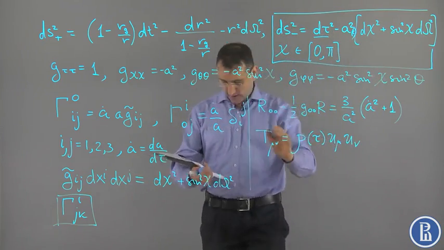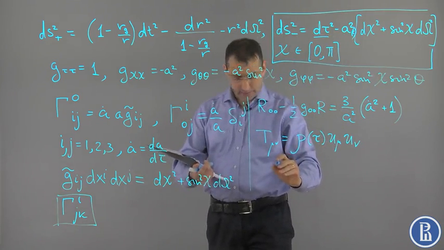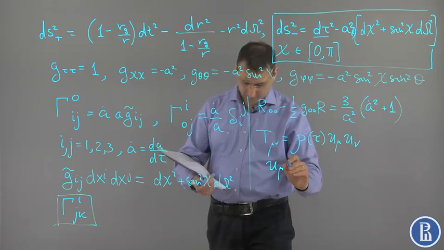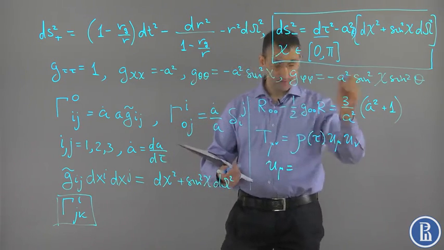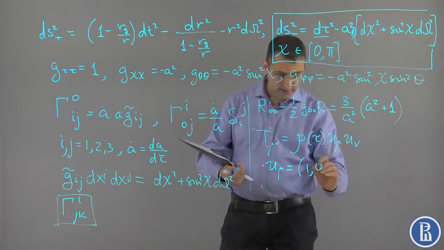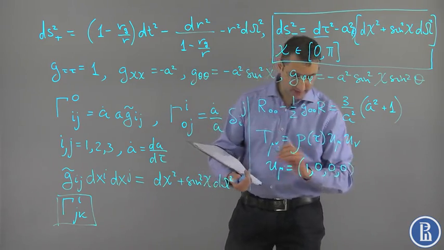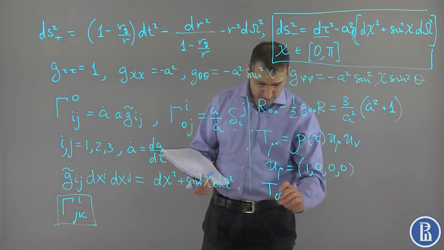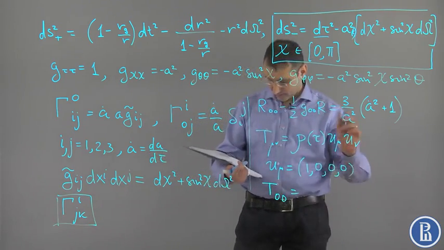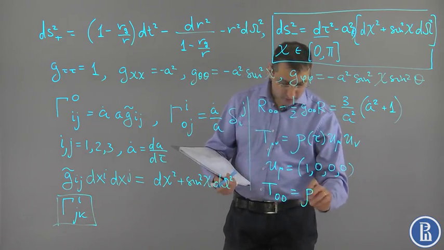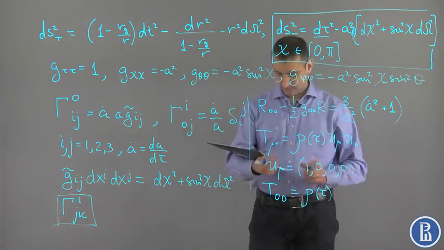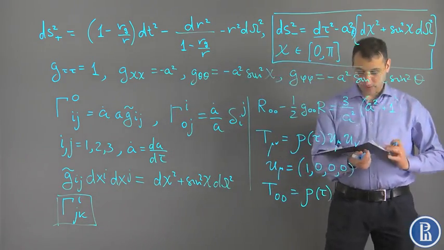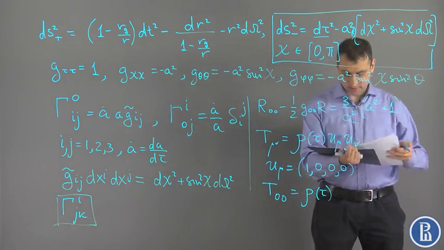It means that u mu for the velocity in this metric is just (1, 0, 0, 0) for the dust. And as a result, the only non-trivial, non-zero component of the energy momentum tensor in this frame is T00 equal to rho of tau. As a result, we have the following equation.